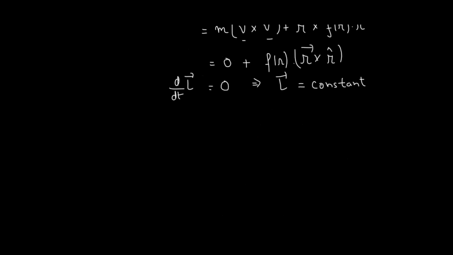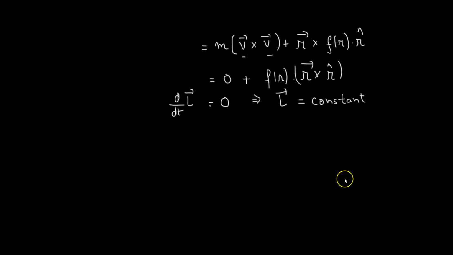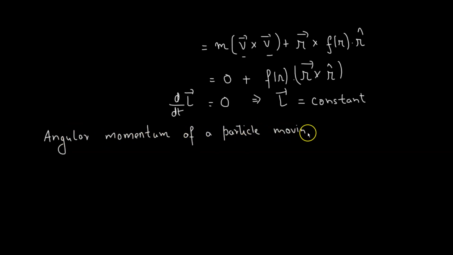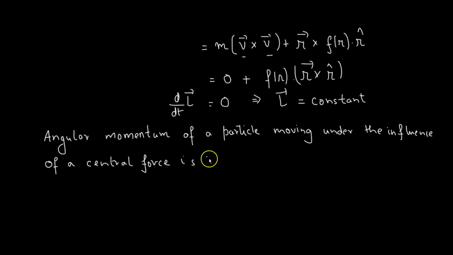What we have obtained here is that the rate of change of angular momentum is 0. That is, the angular momentum of a particle moving under the influence of a central force is constant, or conserved. So this is the law of conservation of angular momentum.